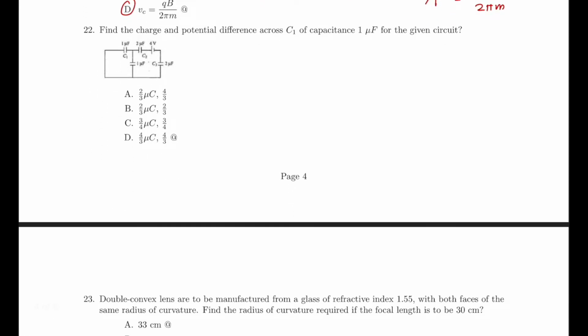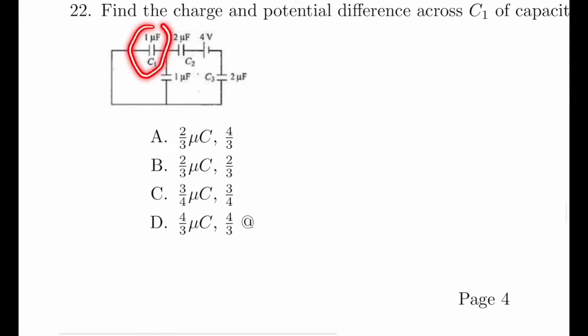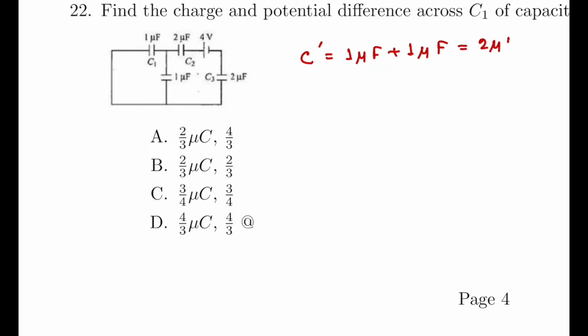Now find the charge and the potential difference across C1 of capacitance 1 microfarad for the given circuit. So this capacitor and this capacitor are in parallel combination, and their resultant capacitance is 1 microfarad plus 1 microfarad, that is 2 microfarad.